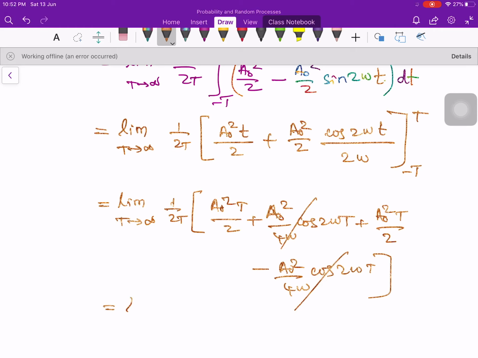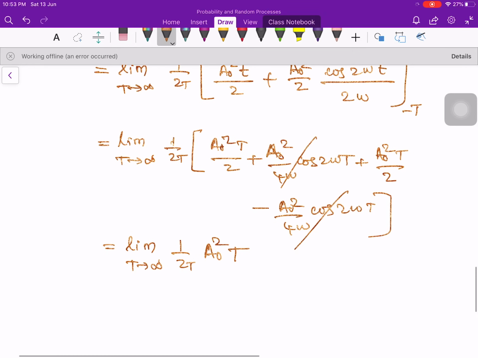So limit T goes to infinity, 1 over 2T. A naught square T by 2 plus A naught square T by 2 is A naught square T, and T and T will get cancelled. This is A naught square by 2, there is no T here, so the limit will go away, A naught square by 2.